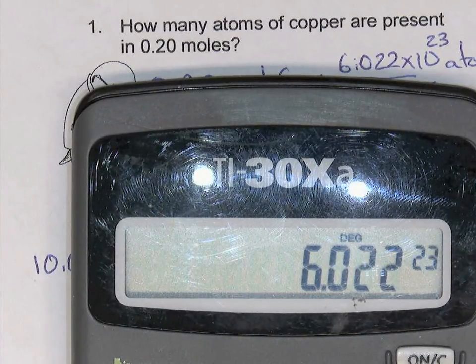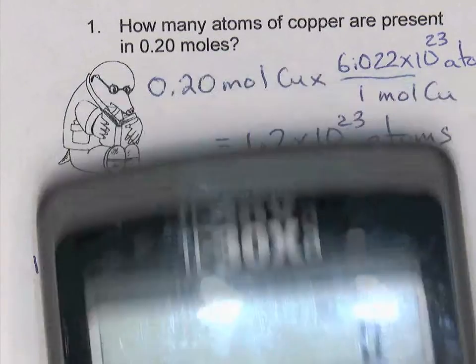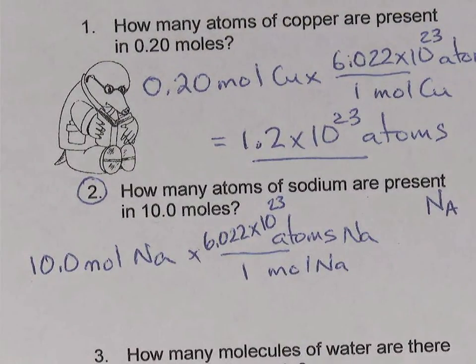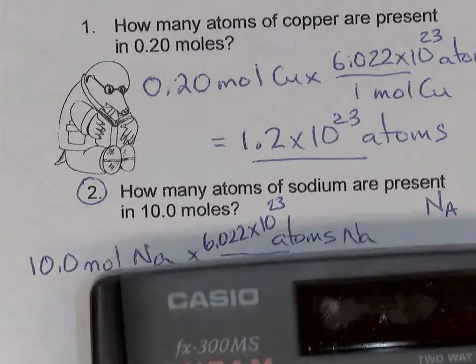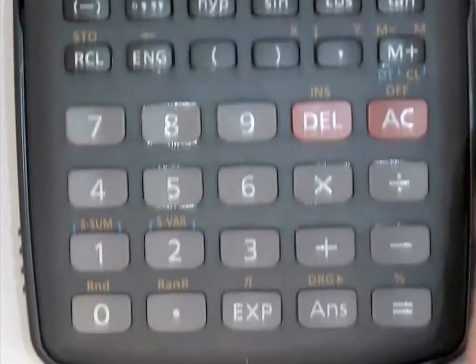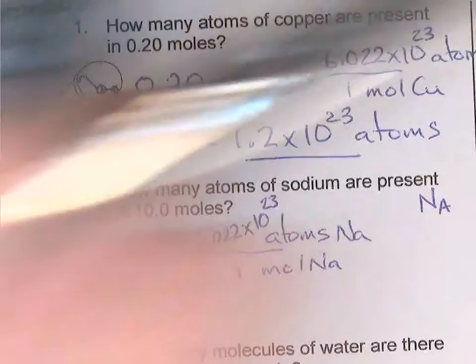Alright, and that would mean 6.022 times 10 to the power of 23. On a computer, you would type 6.022 and then the letter E, which means times 10 to the power of, and then 23. A Casio calculator, one more time. This one at the bottom again has an EXP button like the Sharp calculator did.